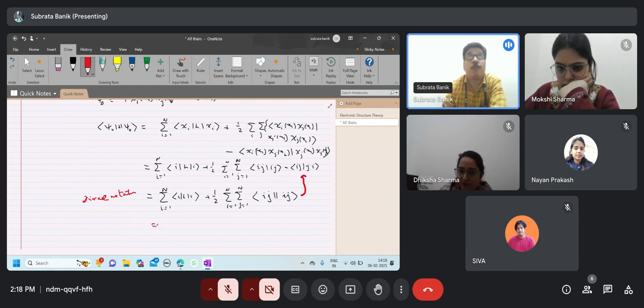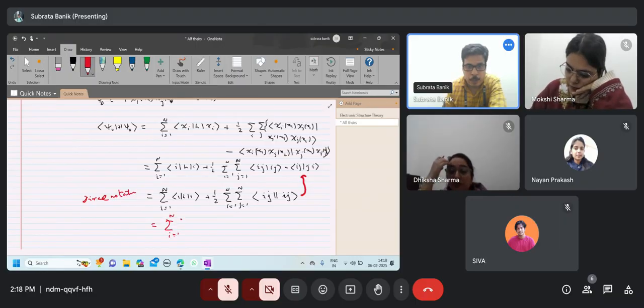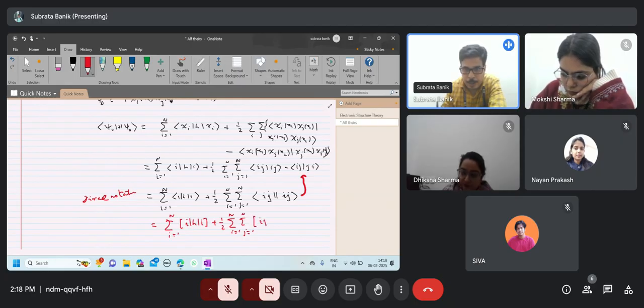You can also write in terms of Mulliken notation, that's i equal to 1 to n. Mulliken notation is written with square brackets: h_ii plus half, i equal to 1 to n, j equal to 1 to n. Here we write as ij. No, no, I'm sorry, this should not be written like this.